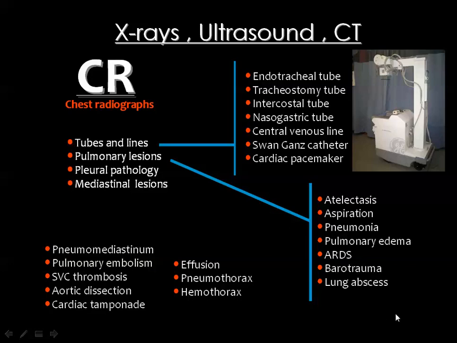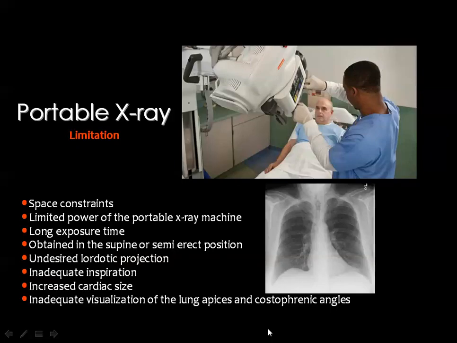Then we'll have some talks about the pleural pathology, including effusion, pneumothorax, and hemothorax. And also we'll have some words about the mediastinal pathology, including pulmonary embolism, superior vena cava thrombosis, aortic dissection, and cardiac tamponade.